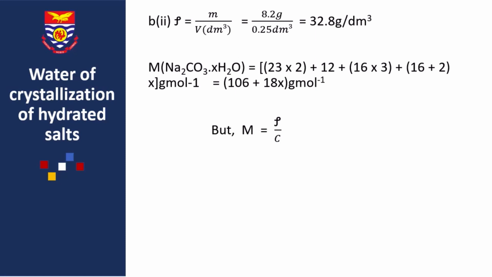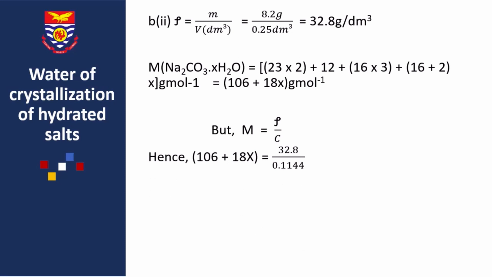The same molar mass, remember, has a relation with mass concentration and amount concentration, and the relation is mass concentration over amount concentration. If that's the case, we can do substitution. We can substitute the 106 plus 18x in place of the molar mass. And since we have calculated the mass concentration and amount concentration, we can find the value of x.